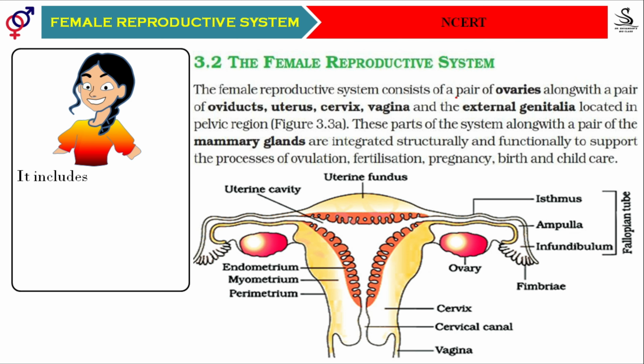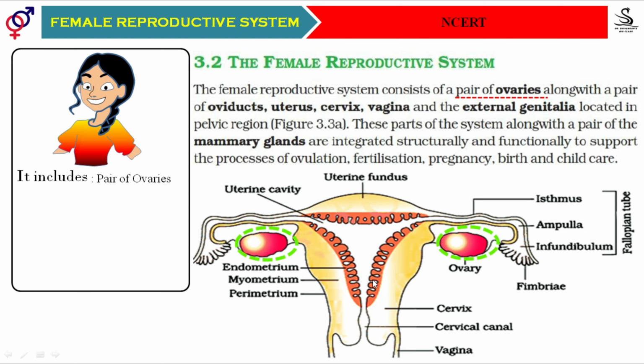It includes one pair of ovaries. Where will we find the ovaries in the female reproductive system? You might be observing here: this is one ovary, and this is the other ovary. These ovaries are located on either side of the uterus.